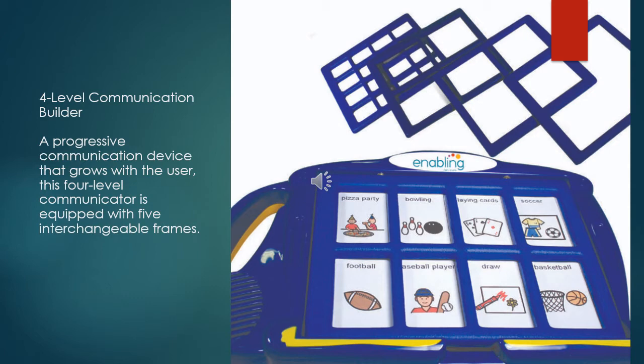So you have the picture of a cookie on the communication device. You do hand over hand prompting and help the student push the button, and then you give them the cookie. And then eventually the student is able to push the button themselves. And then you give them two choices, a cookie and a cracker, and they can choose which one they want for the snack. And as you build that communication, you can give them more choices. And this gives you that opportunity to build on that.